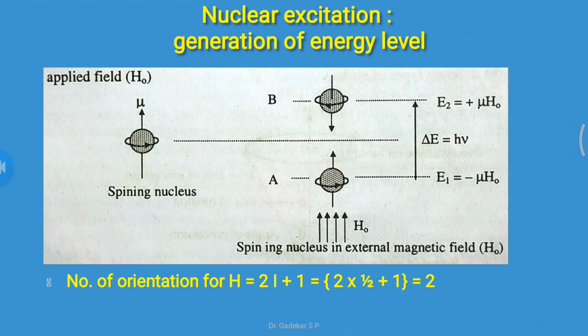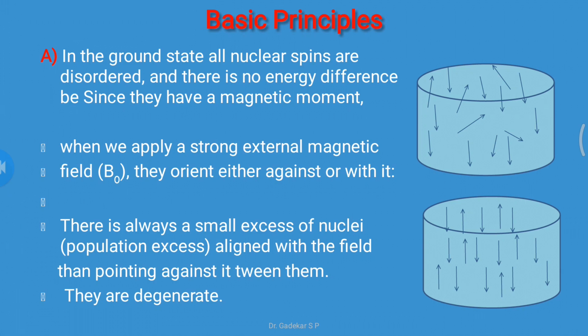Okay, so the number of orientations we calculate as 2I plus 1. Here we use hydrogen, whose spin quantum number is 1/2, so it has two spin states. In the upper figure, the spin orientations are randomly arranged.